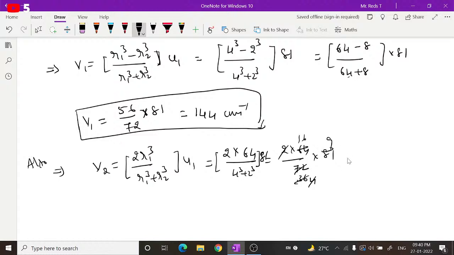So 16 into 9, how much? 63. So simplify this carefully. You should get 63 centimeters per second.